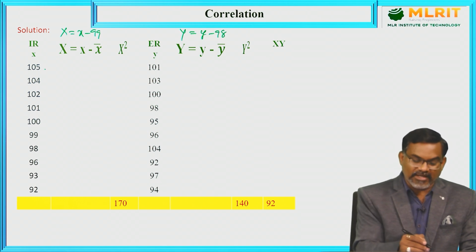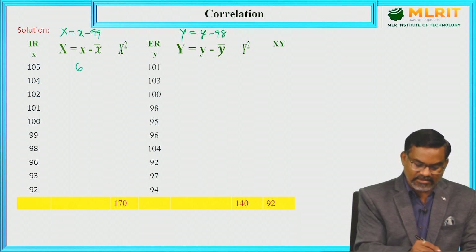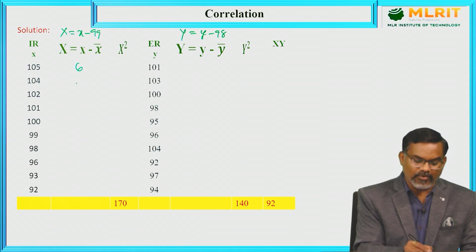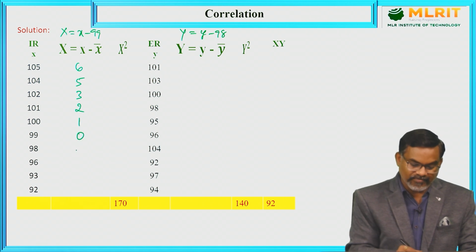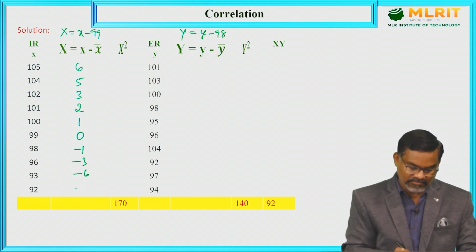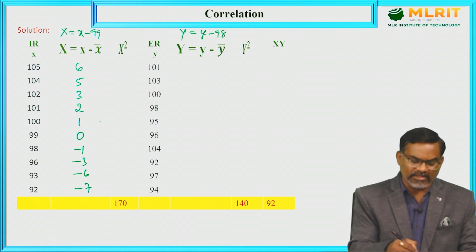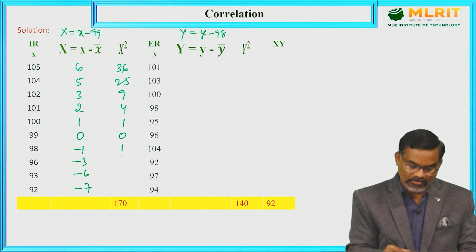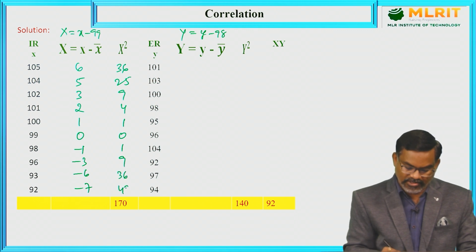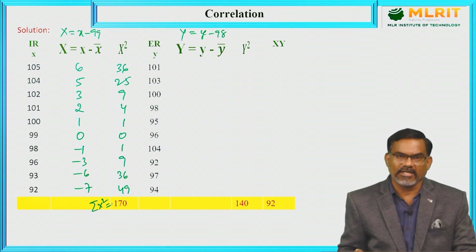Here x bar is 99 and y bar is 98. So 105 minus 99 is 6, 104 minus 99 is 5, then 3, 2, 1, 0, minus 1, minus 3, minus 6, minus 7. Let us square these values: 36, 25, 9, 4, 1, 0, 9, 36, 49, and add all these values, which gives sigma capital X square.